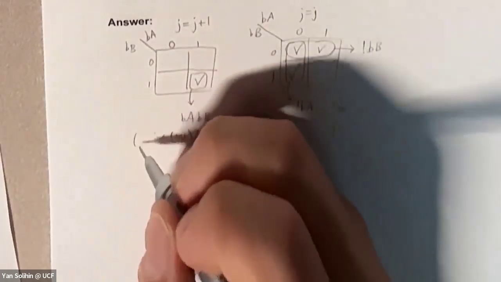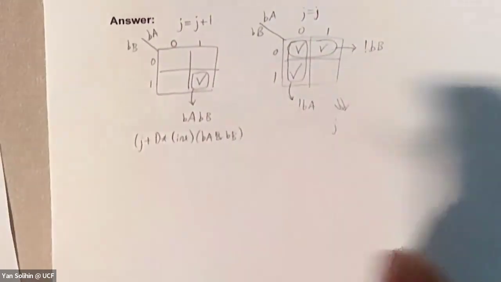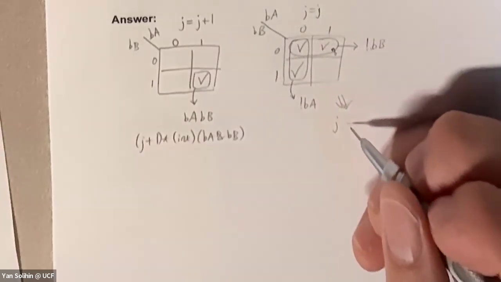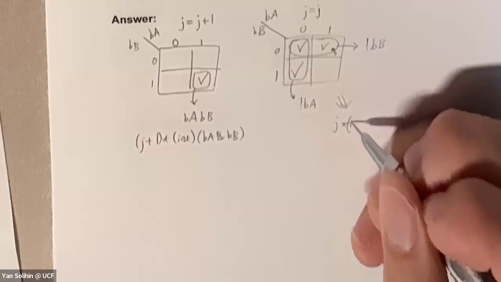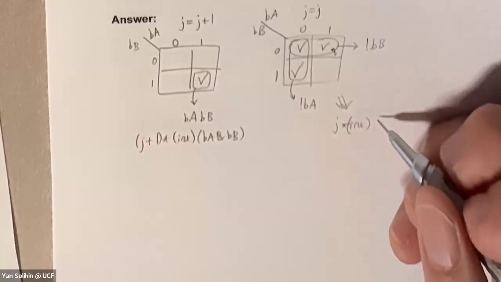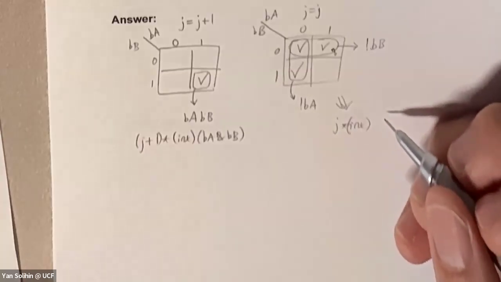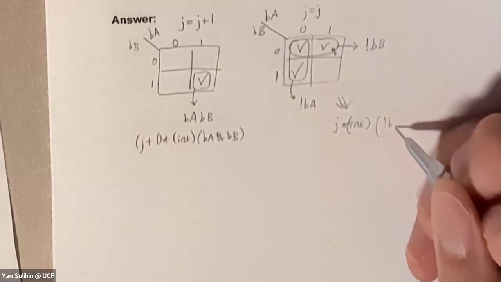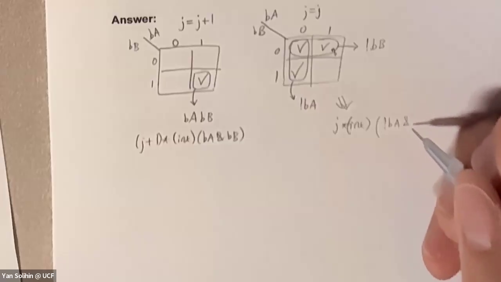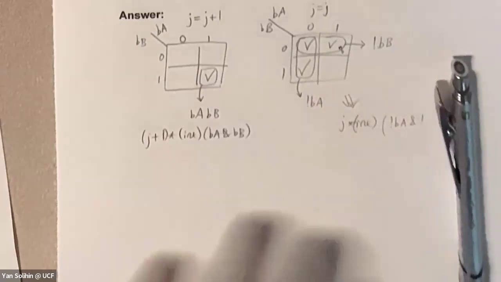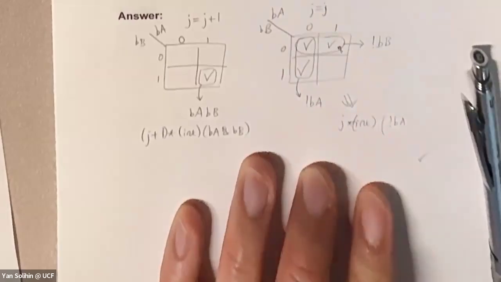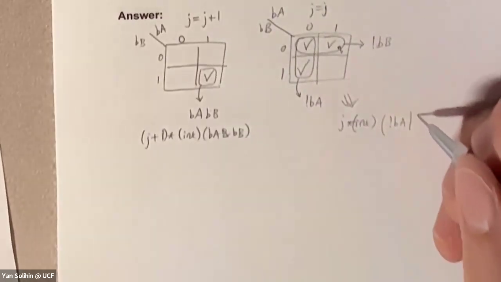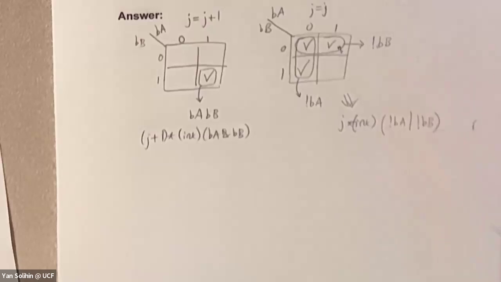This is J plus 1. And this one is J times integer of not BA, and sorry, not and, because these are two different terms, we use or: not BA or not BB.